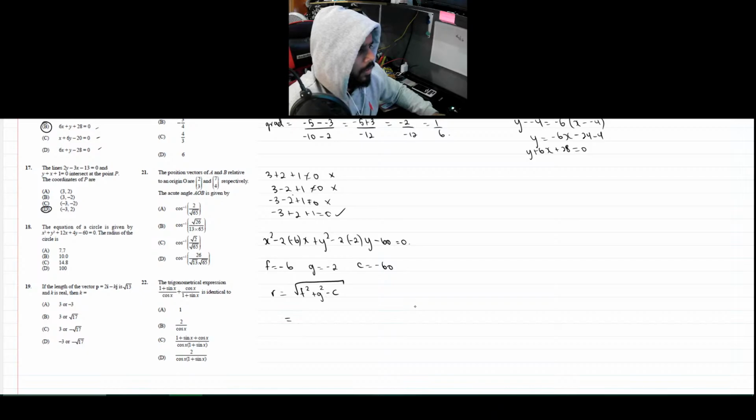If I remember correctly, f squared plus g squared minus c, yeah, it's minus c. Minus 60, so 36 plus 4 plus 60. 64 and 36 is 100. Square root of 100 is 10. B.